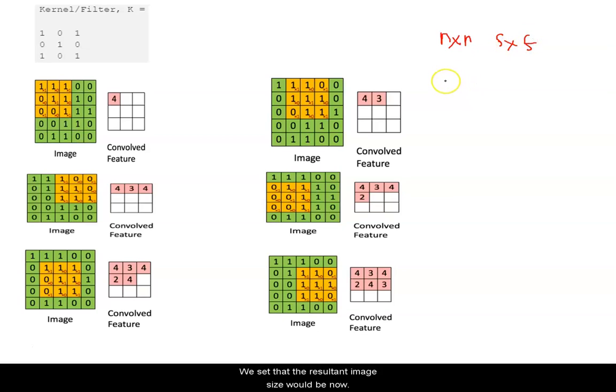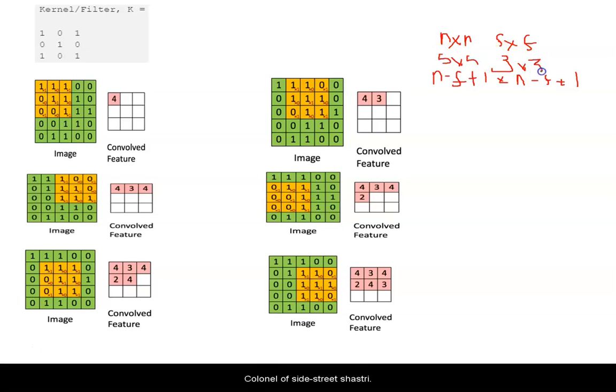We said that the resultant image size would be n minus f plus 1 cross, of course, n minus f plus 1. So let us imagine that you have a 5 cross 5 image and a kernel of size 3 cross 3.